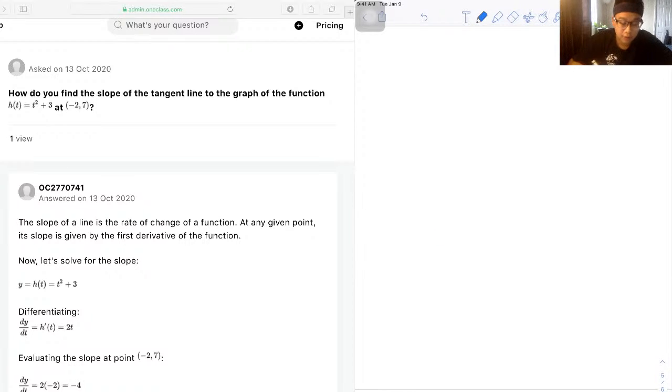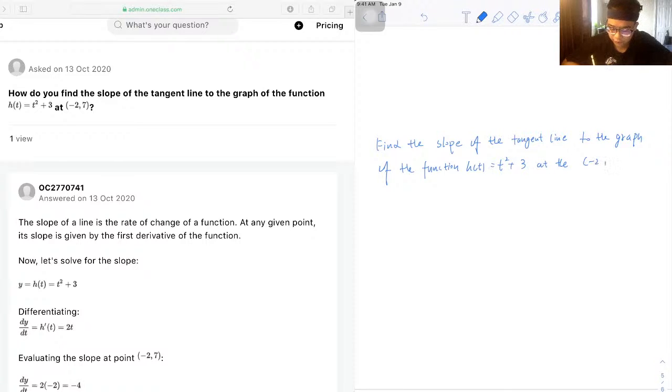We're asked to find the slope of the tangent line to the graph of the function h(t) is equal to t squared plus 3 at the point (-2, 7).